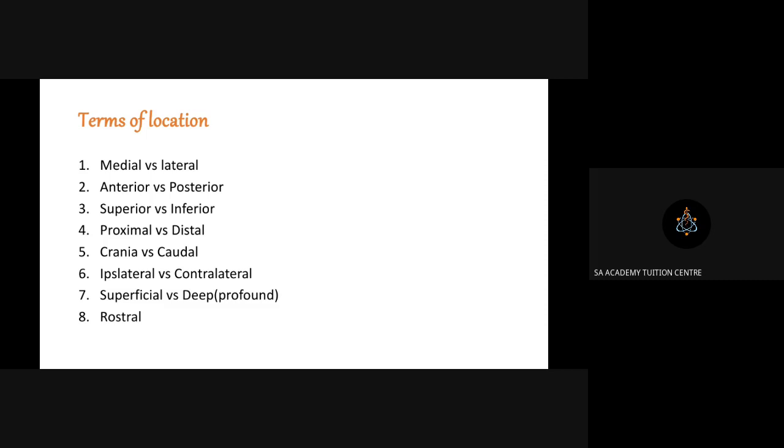Ipsilateral versus contralateral. Ipsilateral just means the structures are on the same side of the body, and contralateral means the structures you're talking about are on opposite sides. This can be in reference to the sagittal planes, the coronal planes, or the transverse planes.